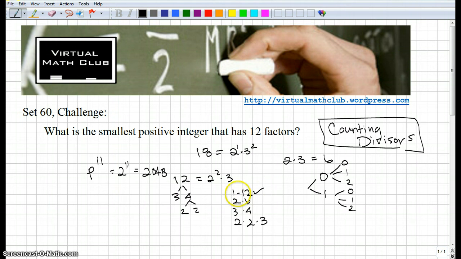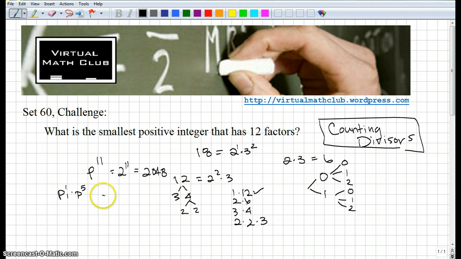We could have some prime to the first power times some prime to the 5th power. That would give us 12 factors, because 1 plus 1 and 5 plus 1, we multiply those together, we would get 12.